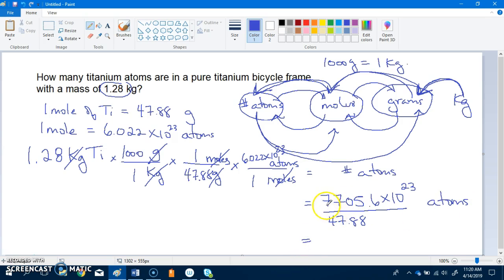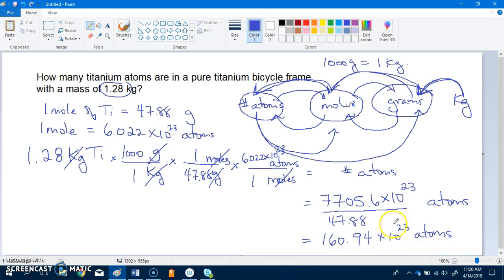Now I'm going to take 7,705.6 and divide by 47.88. That gives me 160.94 times 10 to the 23 atoms.